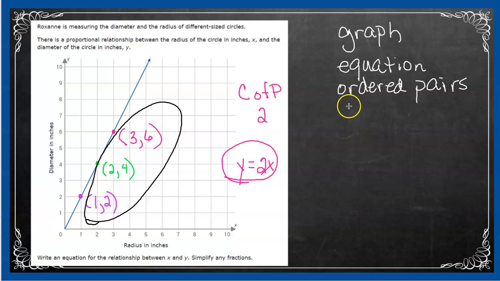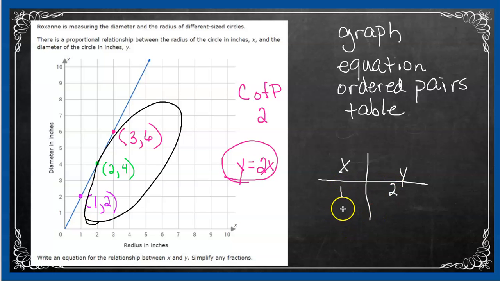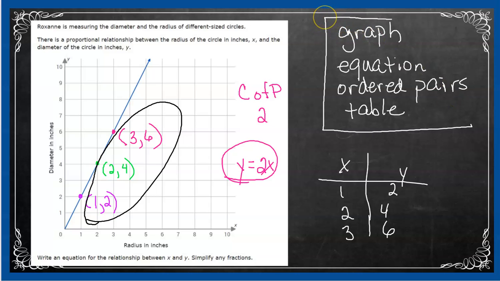Or you can represent it with a table. And the table would look like this. We could do 0, 0, whatever, 1, 2, 2, 4, and 3, 6. All of these represent the same graph, that same line. They're just different representations. So this is 4 ways that you can represent the same proportional relationship.